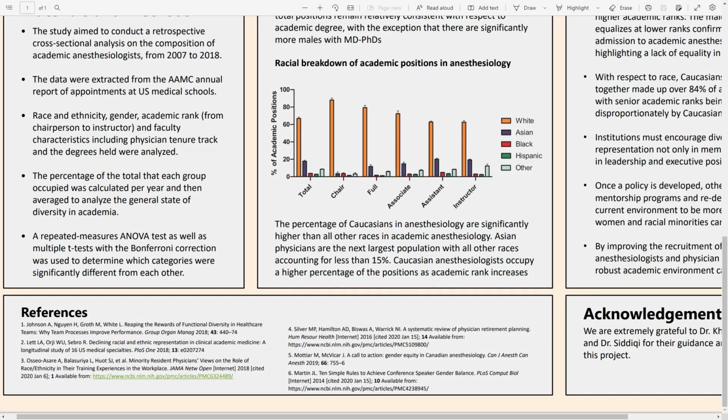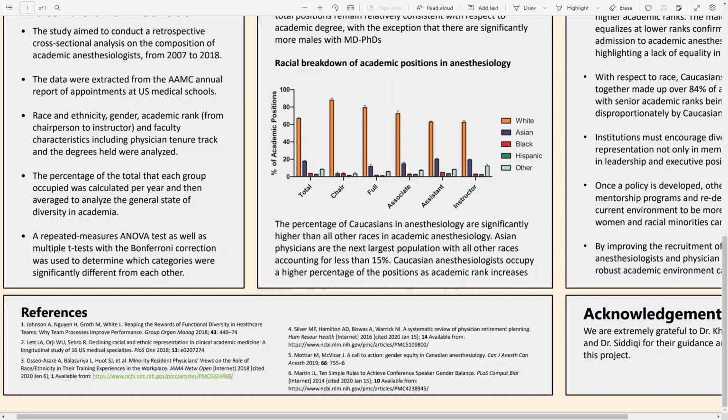But when comparing the total population to the various leadership positions in academic anesthesiology, we can see that Caucasians disproportionately occupy up to 88, 79, and 72% of the chair, full professor, and associate professor ranks. The proportion of Asian anesthesiologists decreased as academic rank increased. And Hispanic and Black anesthesiologists were also very underrepresented, especially in the full professor rank.